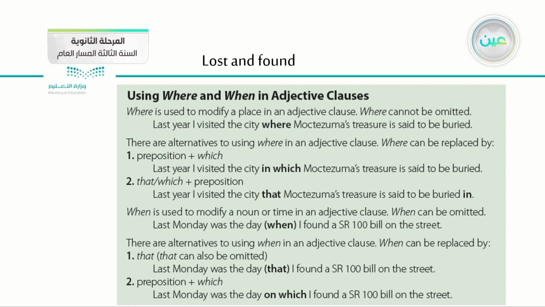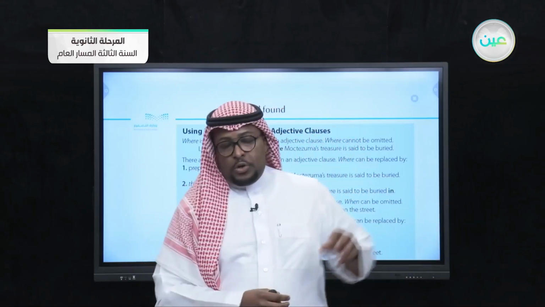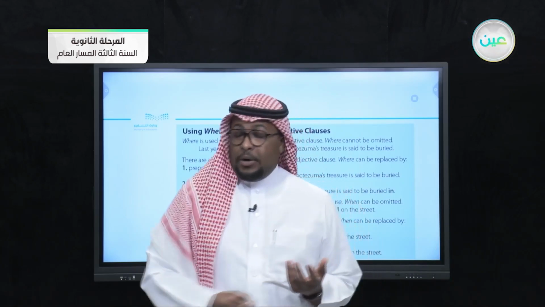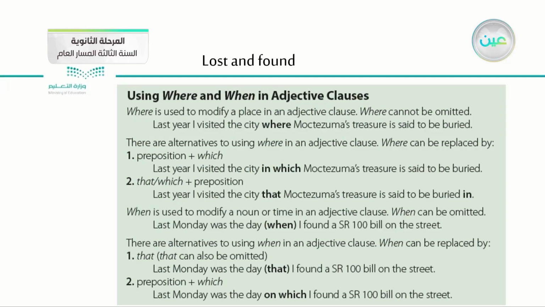We can use other tools to modify the noun. One can be replaced by that. As you see here, that can also be omitted. Last Monday was the day that, between brackets, we use that instead of when.